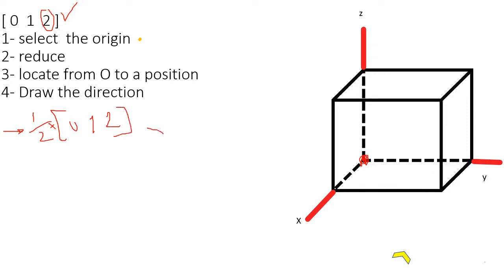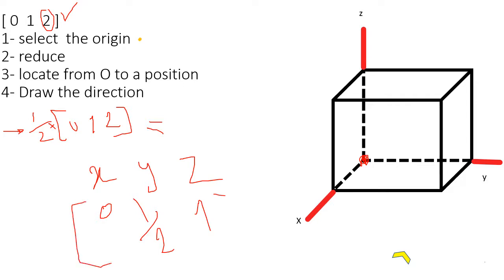So here we have X, here we have Y, and here we have Z. So it should be 0, it should be 1/2, and it would be 1. So I am going to draw this direction.